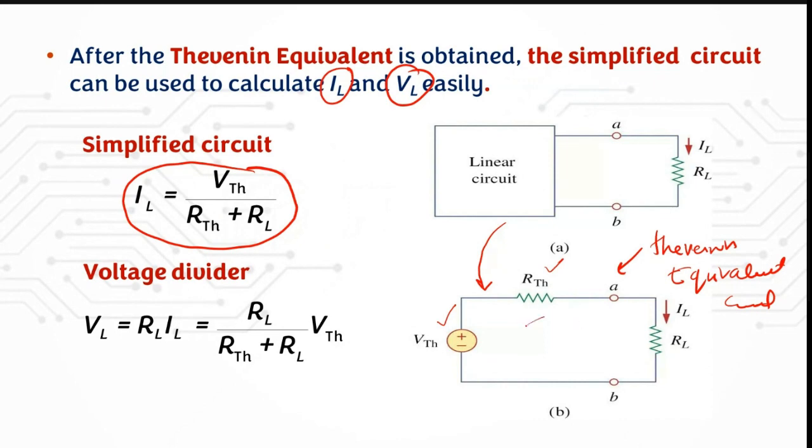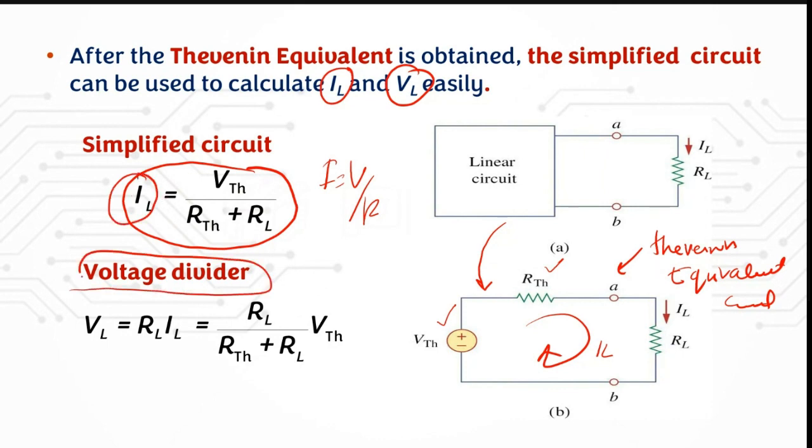Because this is your IL, and I equals V over R, you just calculate VTH over the total of RTH and RL, and then you get the value of your IL. Then you can use the voltage divider to calculate this VL. I think you still remember the voltage divider.